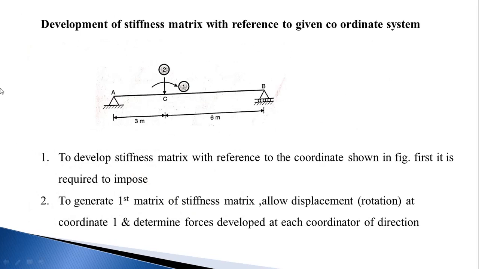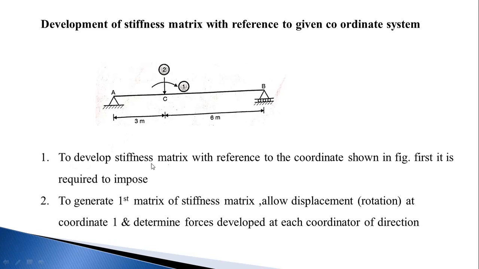So let us see one example. Develop the stiffness matrix with reference to the given coordinate system. This is a simply supported beam with point C. They are mentioning two coordinates, one is a moment and the second one is a point load. The moment is in the clockwise direction, and the point load is in the downward direction.